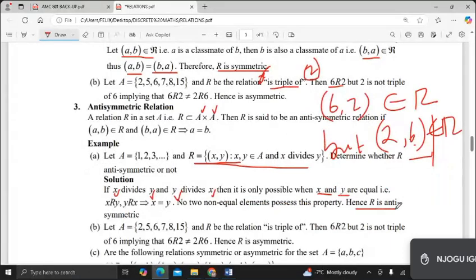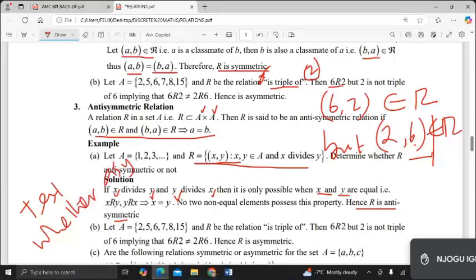Therefore, the question is, is this relation antisymmetric or asymmetric? Our conclusion in this case is that R is antisymmetric, because it agrees with the definition of an antisymmetric relation.